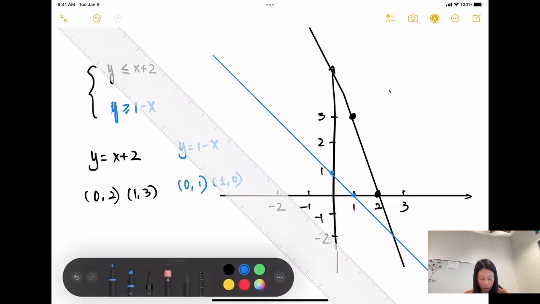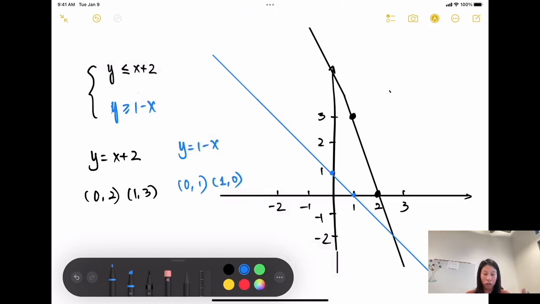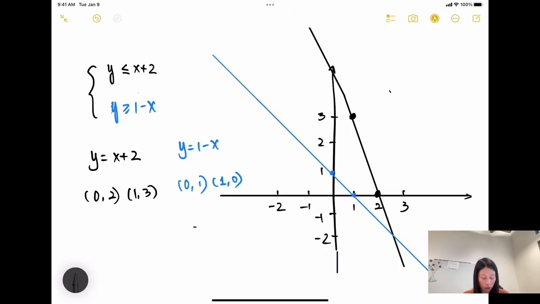Okay, after we draw this, you're seeing this is complicated, right? Now let's find the shaded area for the black. Again, I need to find a test point. For the black, I will use 3, 0 as my test point.